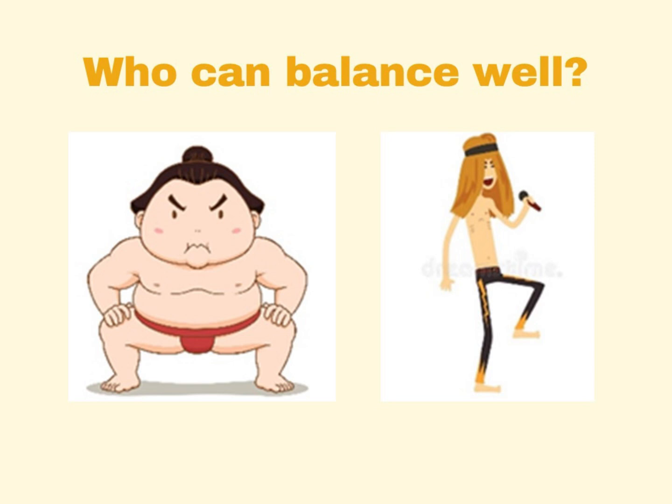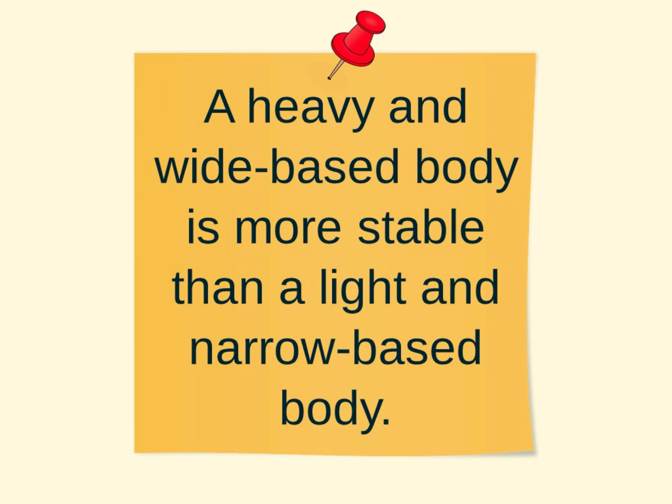So to conclude, the sumo wrestler's lower center of gravity and wide base of support give them better balance and stability compared to the skinny man on one foot. Just always remember, class, in the relationship of center of gravity and equilibrium, that a heavy and wide-based body is more stable than a light and narrow-based body.